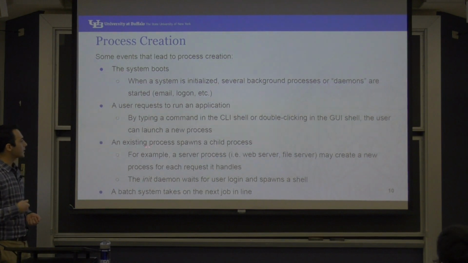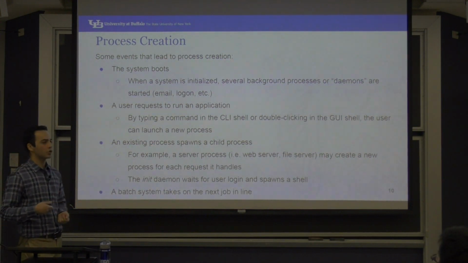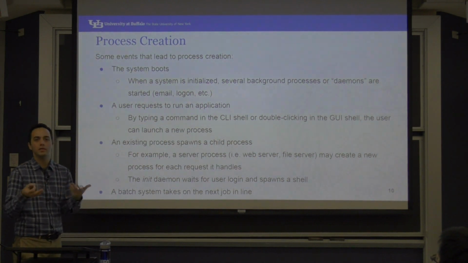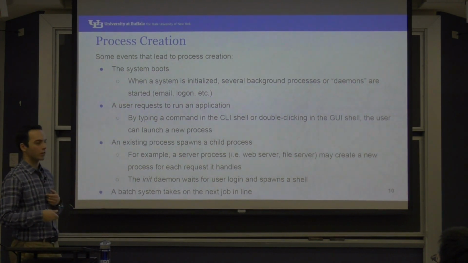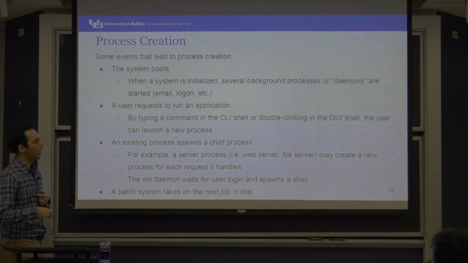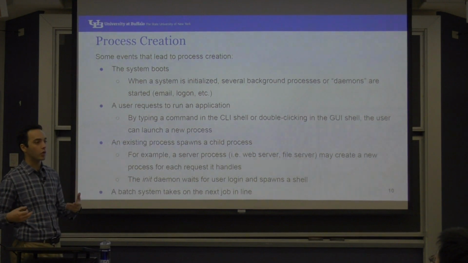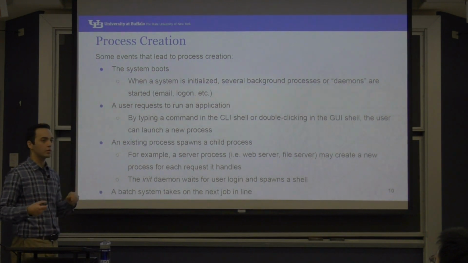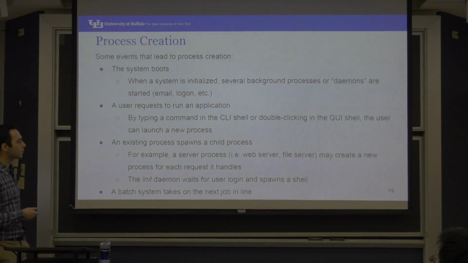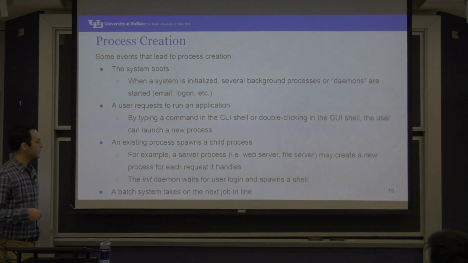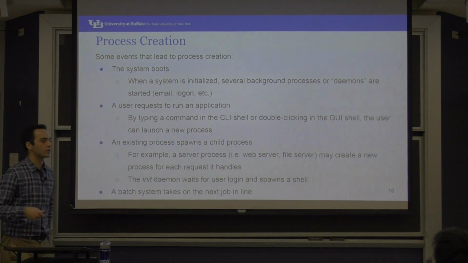And an existing process can spawn a child process by itself, right? Maybe during execution, that's how it is defined. A web server, for example, we'll get to it also next session. But if they want to do it, they can. Like, if I need more processes, then I'll just create them without someone asking me. One case, for example, is that the init daemon waits for user login and spawns a shell.